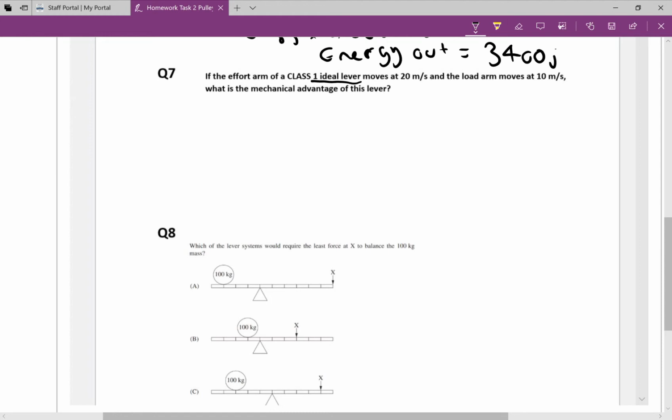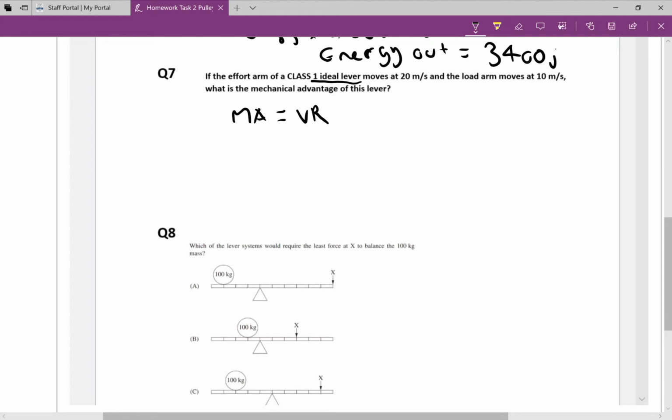So with 100% efficiency, we can say MA is equal to VR. Okay, the mechanical advantage is equal to the velocity ratio. Now, for the first two questions we did with the pulleys, we couldn't make that assumption because they weren't ideal systems, because there was friction in the system, and we didn't have 100% efficiency. But because they've said it's ideal, we know that we've got 100% efficiency.